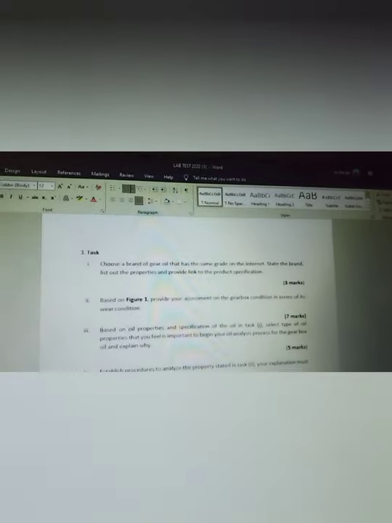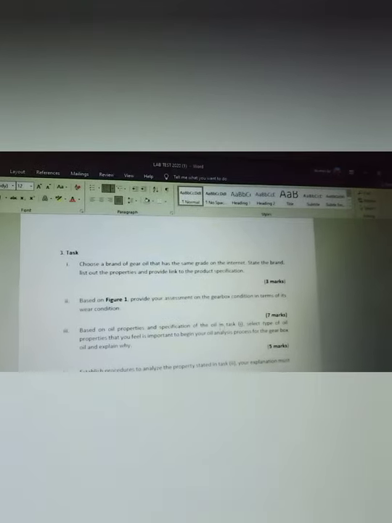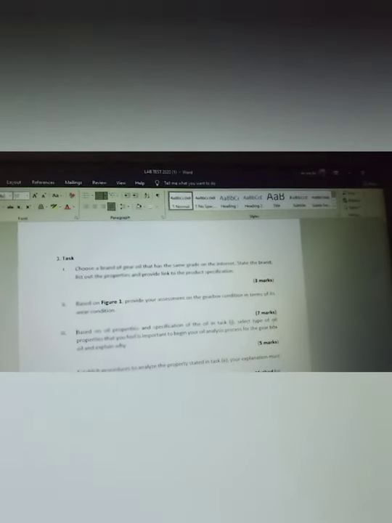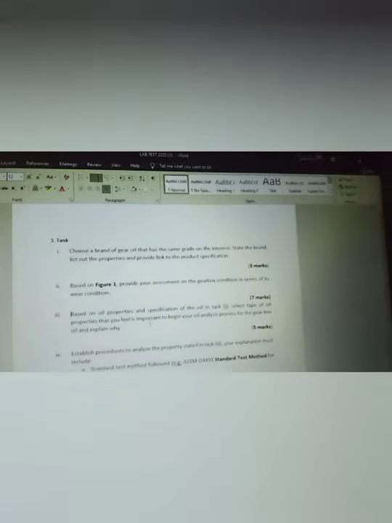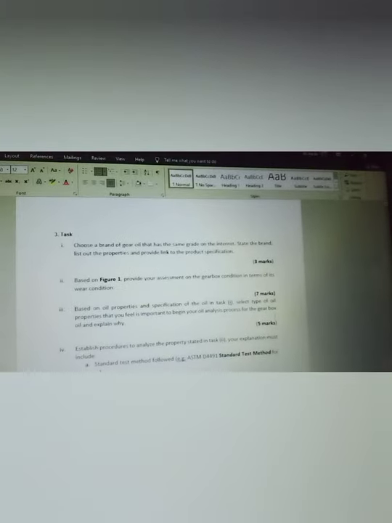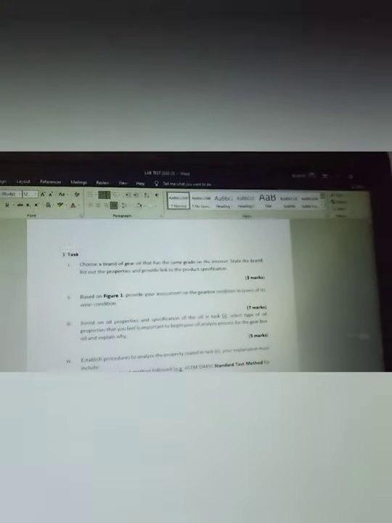For the third question, based on oil property and specification of the oil in Task 1, select the type of oil property that you feel is important to begin your oil analysis process for the gearbox oil and explain why.